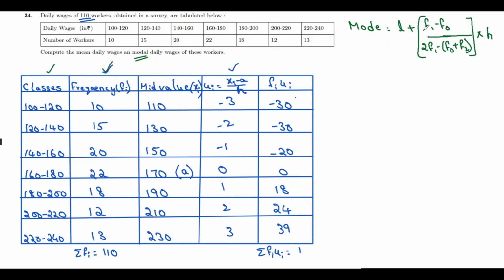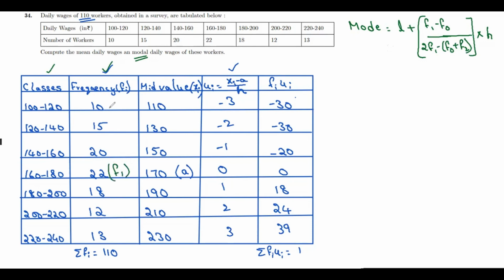So how to identify L, F1, F0, those only we have to check. In this frequency column, we can use the same table without any deviations. That's the reason they asked both mean and mode here. In the frequency column, whichever value is the greatest, that is F1.